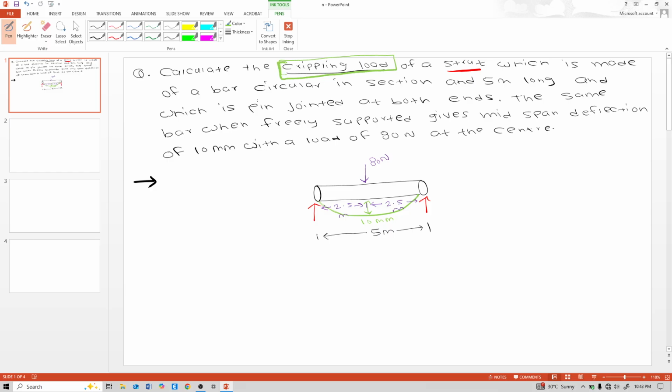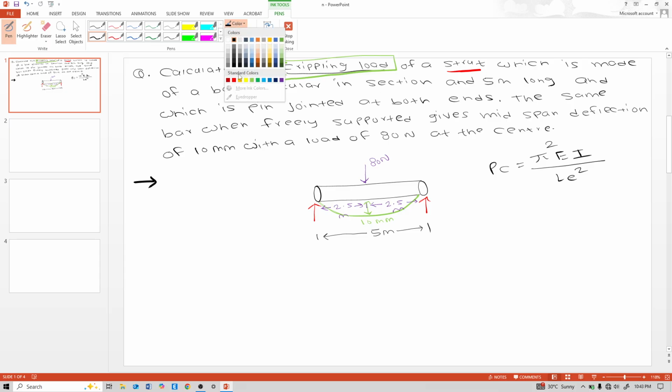So first understand the crippling load formula. It is PC is equal to pi square modulus of elasticity into moment of inertia upon effective length square.